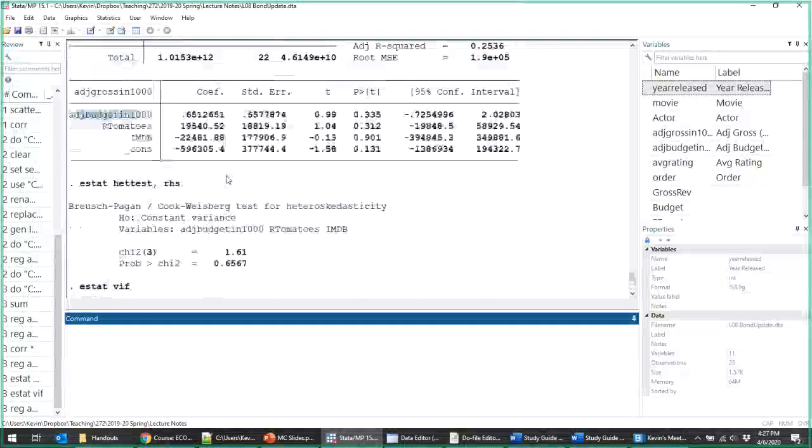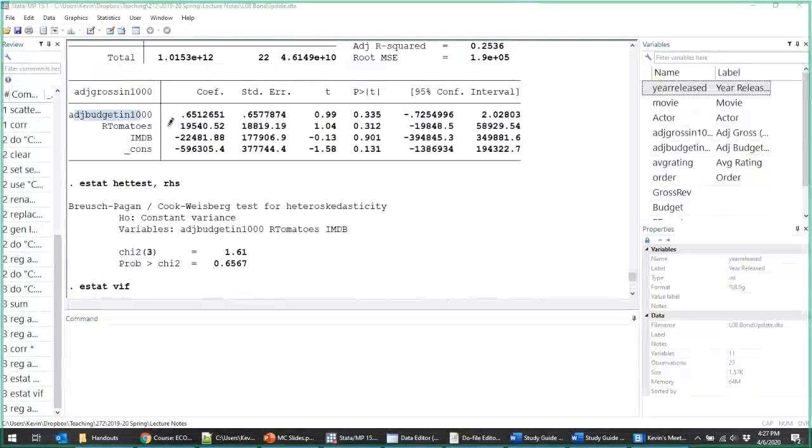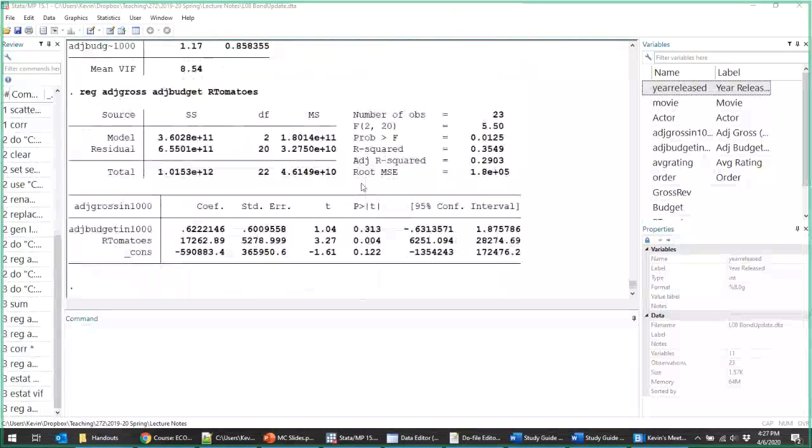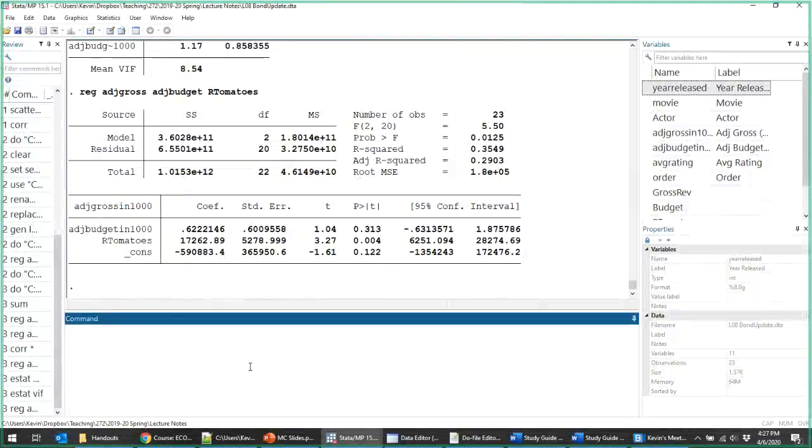The coefficient is actually pretty similar to what it was before, 19 million compared to 17 million, in the same ballpark for sure. It's within the 95% confidence interval, but now it's statistically significant, which theoretically makes sense. You would think that movies that are better reviewed should make more money, all else being equal. Now let me look at the impact of the IMDb rating without the Rotten Tomatoes rating.